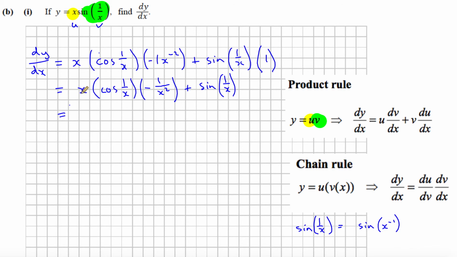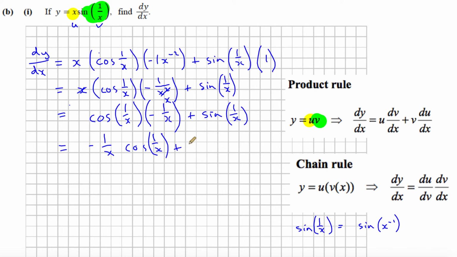If we multiply this x here by the minus 1 over x squared, this x and one of these x's here will cancel, leaving me with that. So actually it's going to be the cos of 1 over x by minus 1 over x, plus the sine of 1 over x. So that's going to be minus 1 over x by the cos of 1 over x plus the sine of 1 over x. That's it simplified right down.